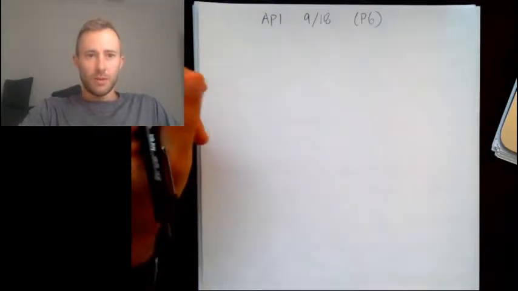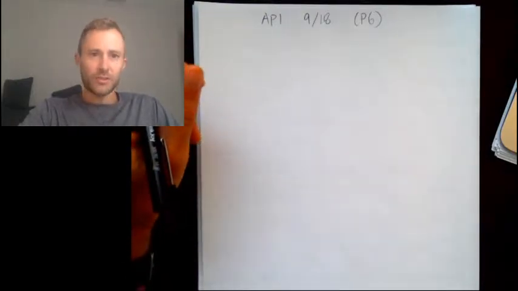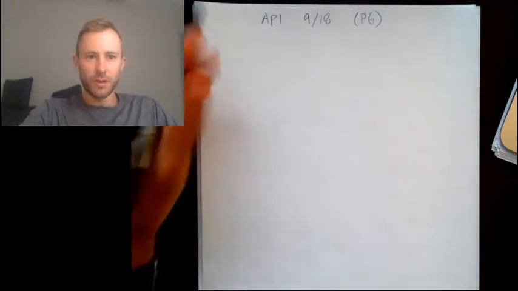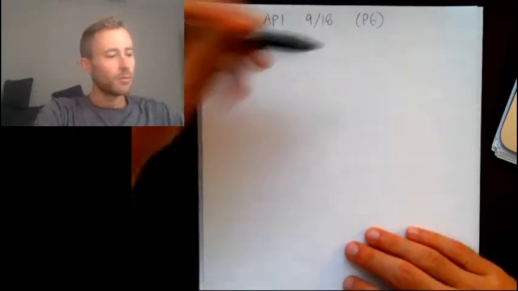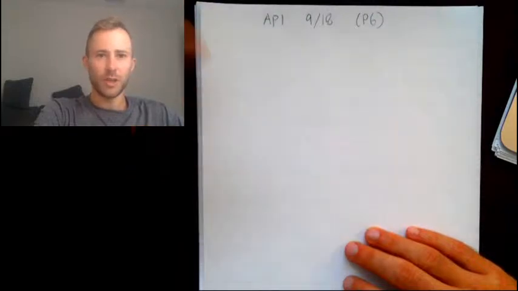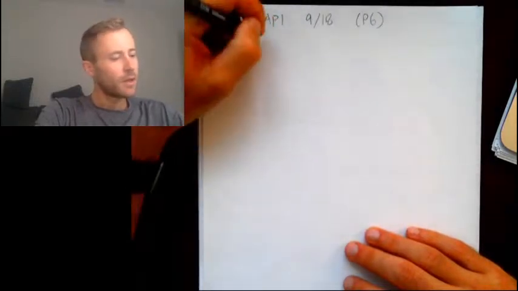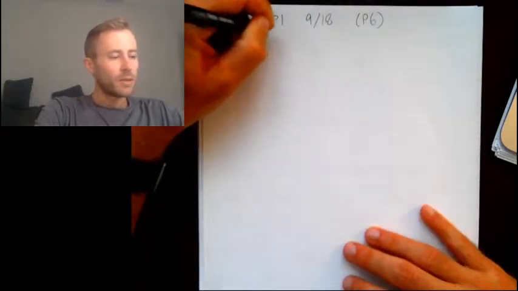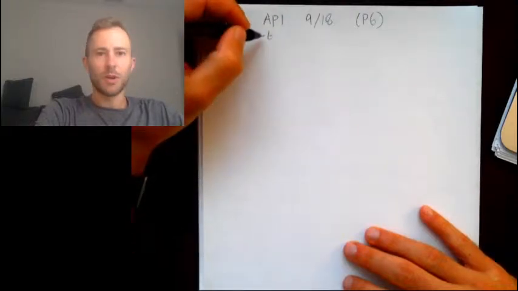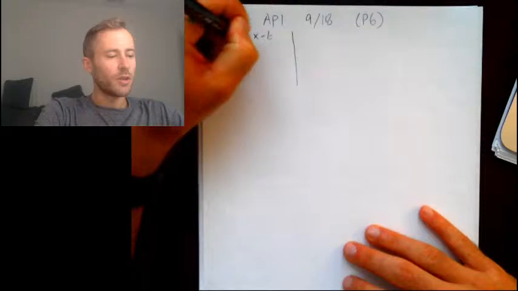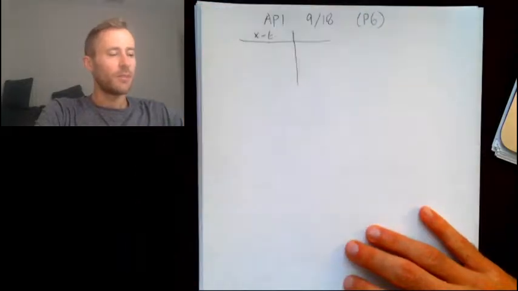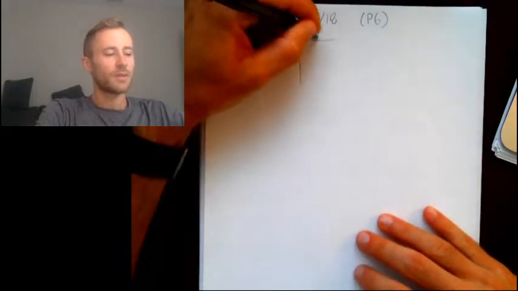Last time we learned our last tidbit of information about motion graphs. So we basically have the following facts. We have two types of graphs we learned about. We learned about position time, and we learned about velocity time graphs.